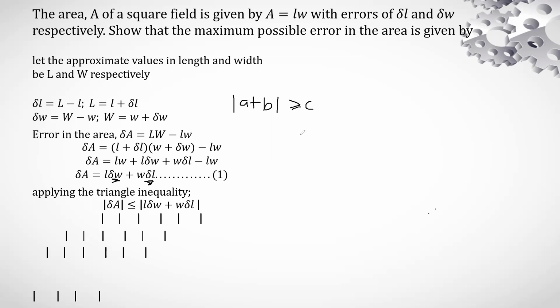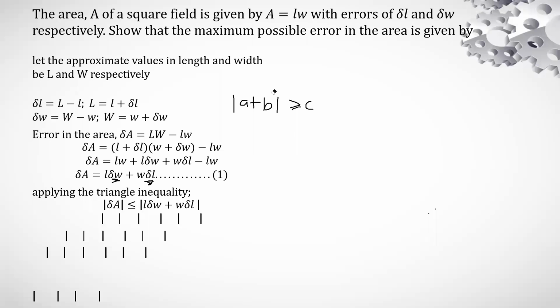For example, if you are using a standard instrument to determine the area of the field, then the error you'll make will be different. In the first case you determine the area using an instrument, and in the second case you determine the length and the width, and then multiply the two to obtain the area.